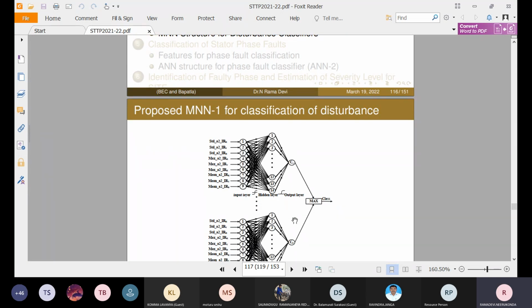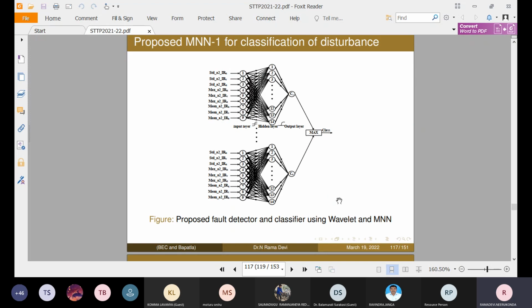In the modular neural network, the major benefit is that it reduces the complexity in the training, because we split the network into small modules.